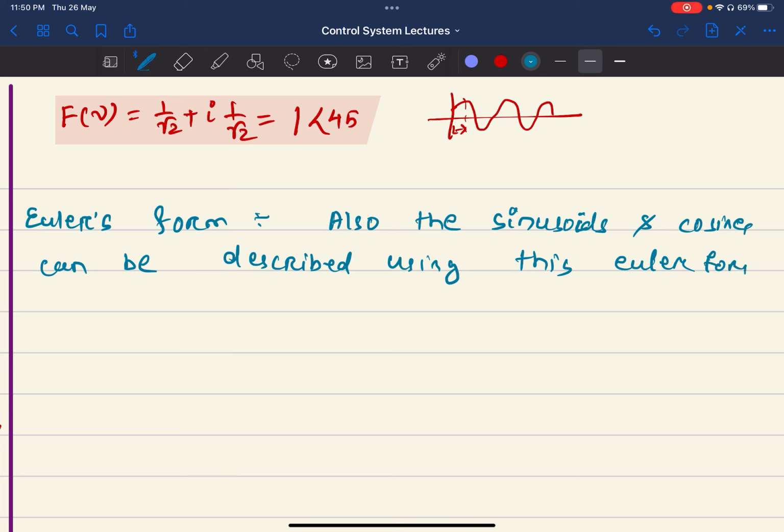What does the Euler form say? E to the power I theta, e to the power i t is equal to cos t plus j or I sin t. Sorry, the electrical domain nomenclature j comes to me.